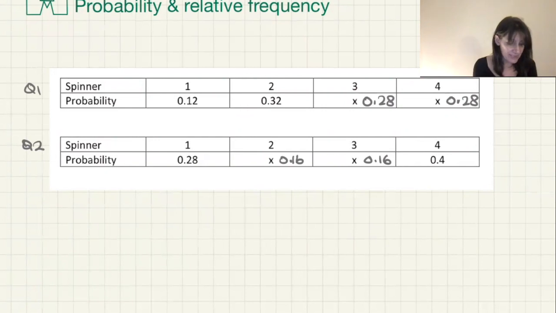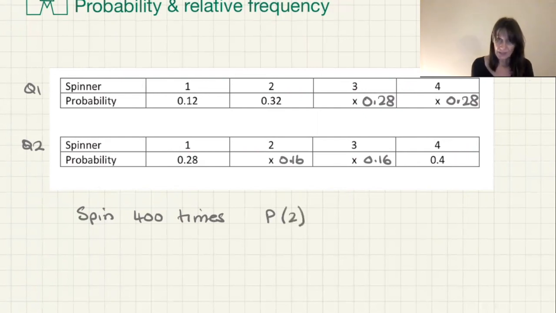So if I was to say, let's say from table 1, I'm going to spin the spinner 400 times. Okay. And I want you to tell me the probability that I land on a 2. So what I do is I go to the table and I find out what the probability for landing on a 2 is.